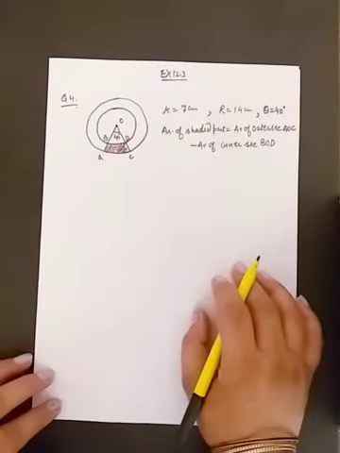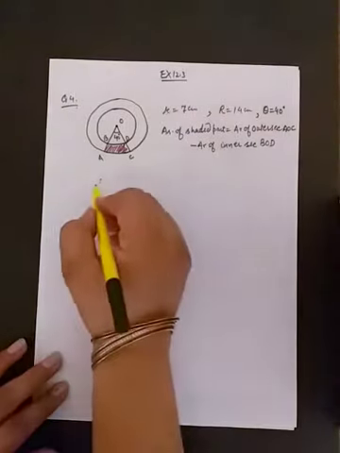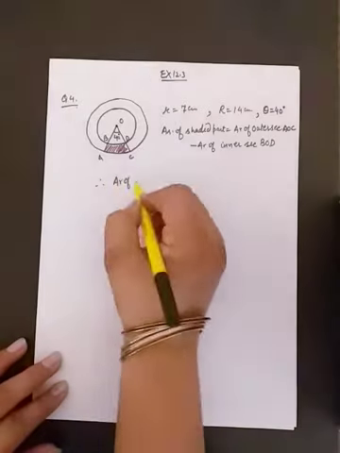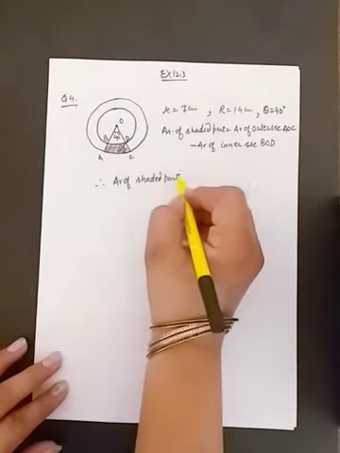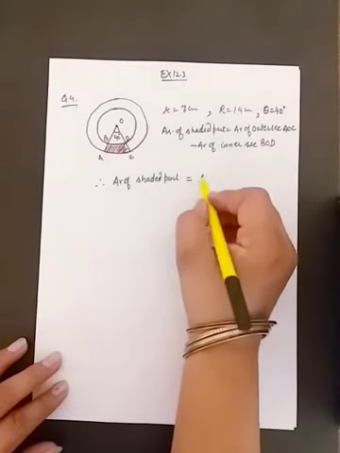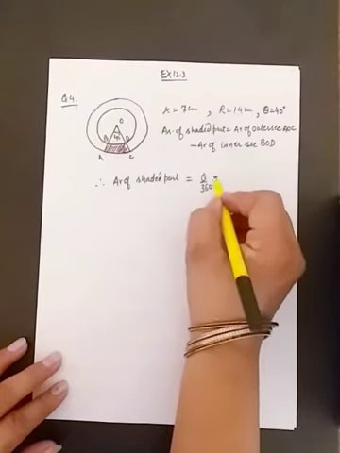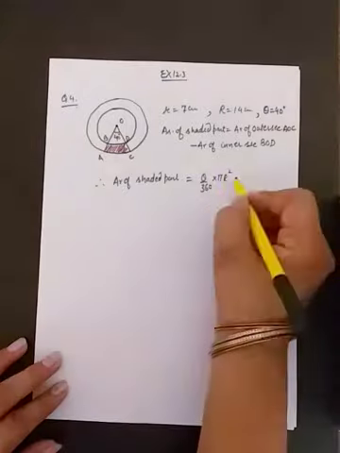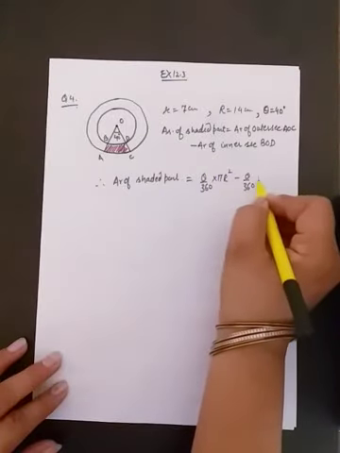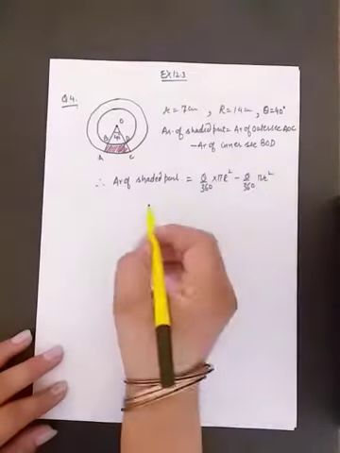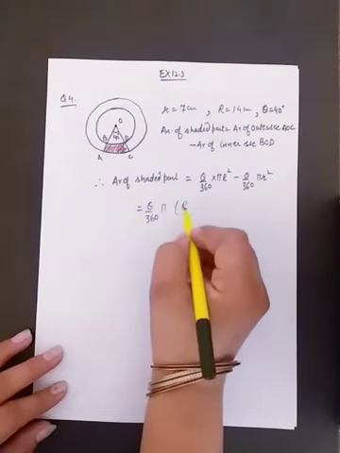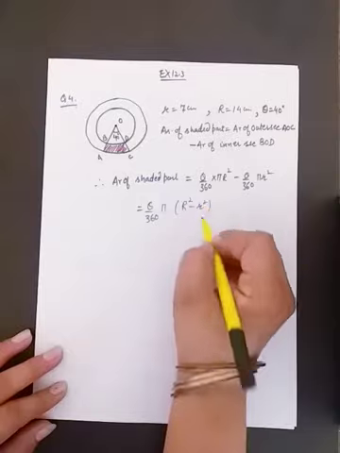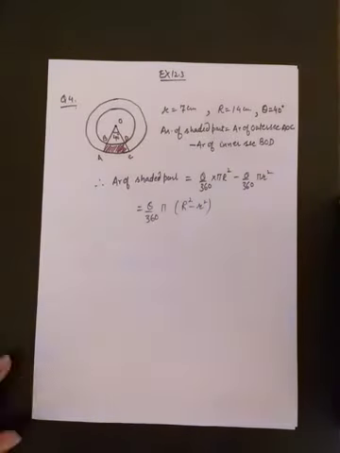So we can find the shaded part. Therefore, area of shaded part is equal to theta upon 360 into pi capital R square minus theta upon 360 into pi small r square. We can take theta upon 360 into pi common, and it will be capital R square minus small r square.